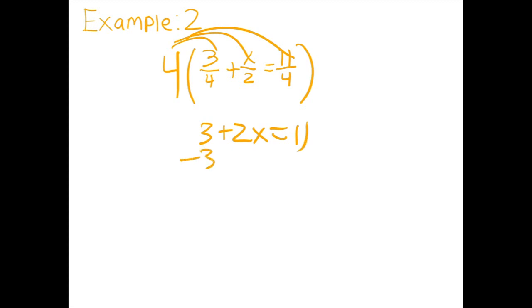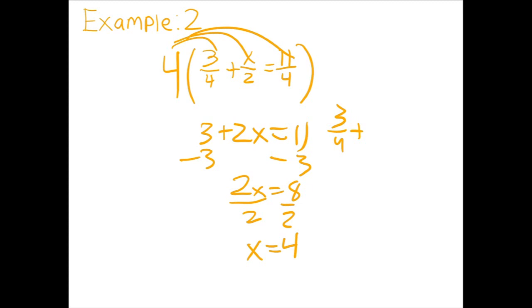So subtract 3, and you get 2x equals 8, and then divide by 2 to simplify, and we get x equals 4. To check it, we would go 3/4 plus 4 over 2 equals 11/4.